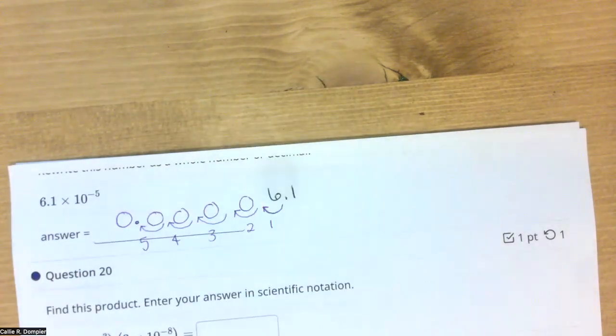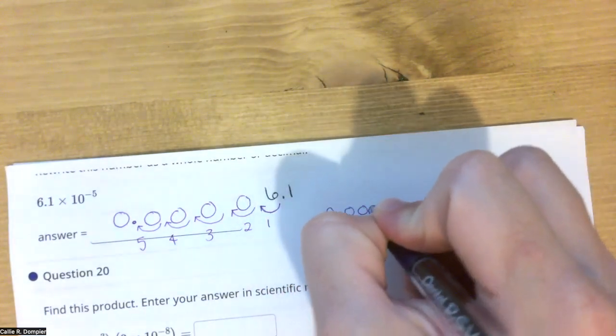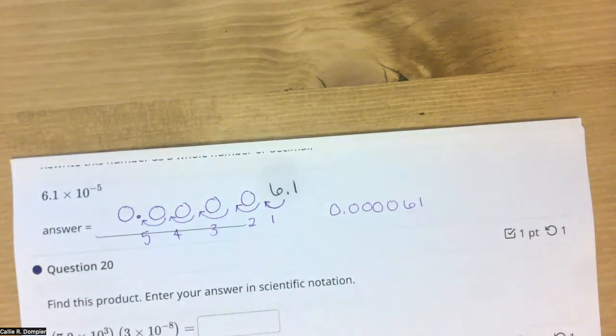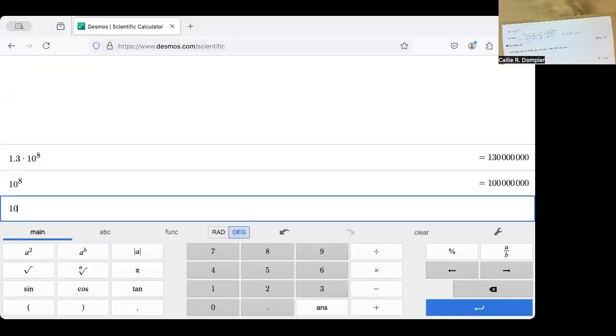I moved it 5 places, and my answer is 0.000061. Let's see if this redeems itself, this system. 0.000061. Will you put it into scientific? No.